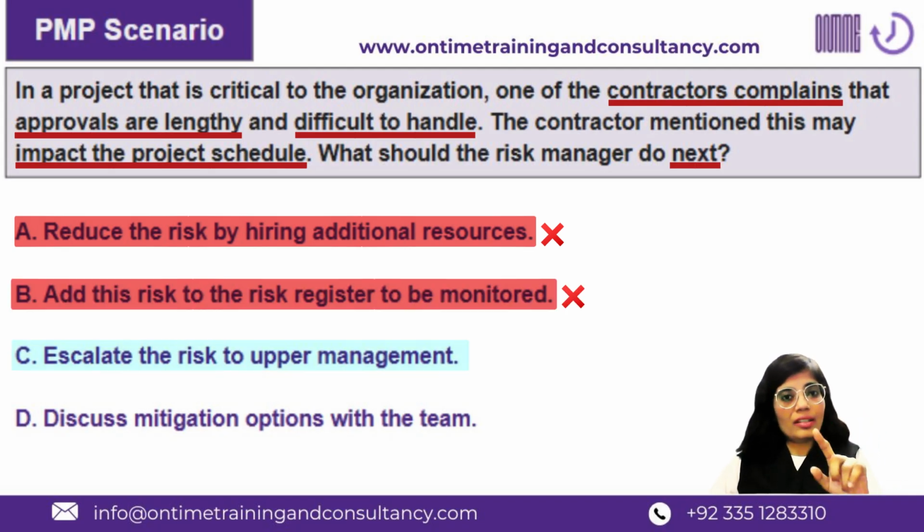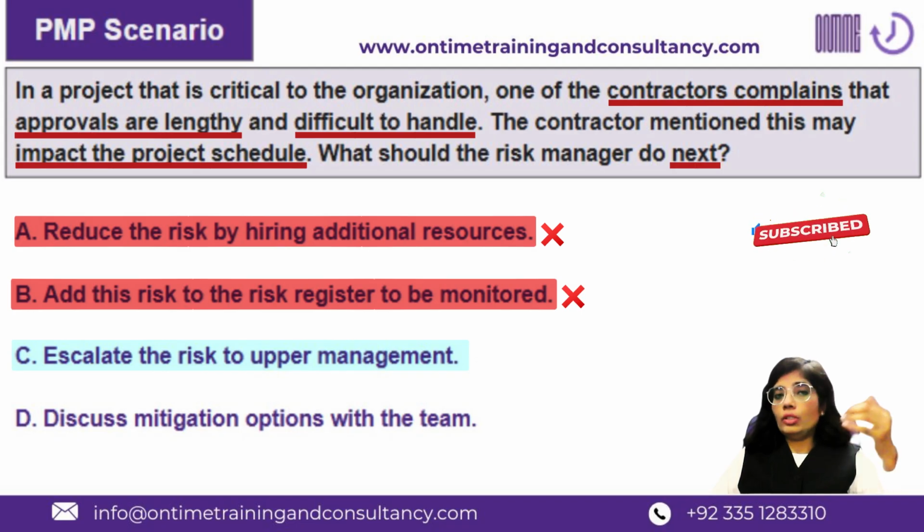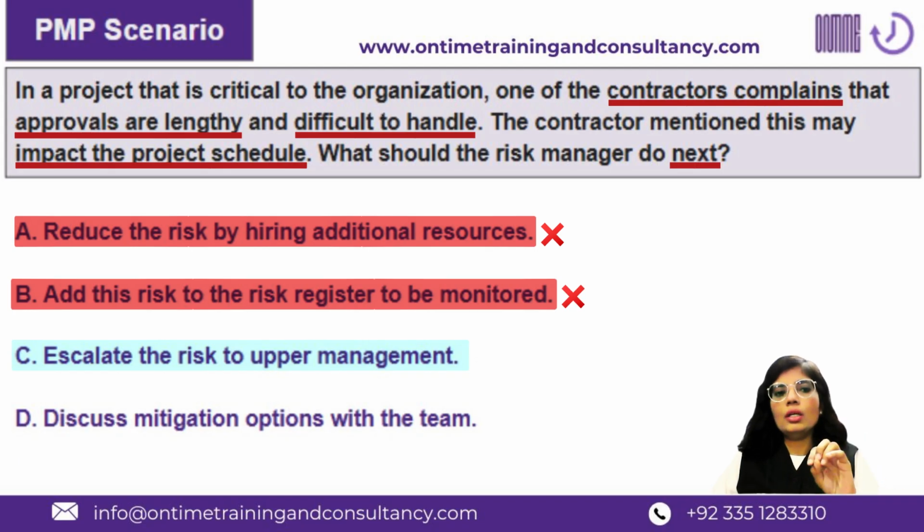Now, option C, which is the escalate strategy. Escalating the risk to the upper management, do we usually do that? No, we don't. We don't escalate right away, at least not as the first step. If the risk is known to you as a project manager with its impact, and you on your part have not done anything, you would at least try something to make it work.